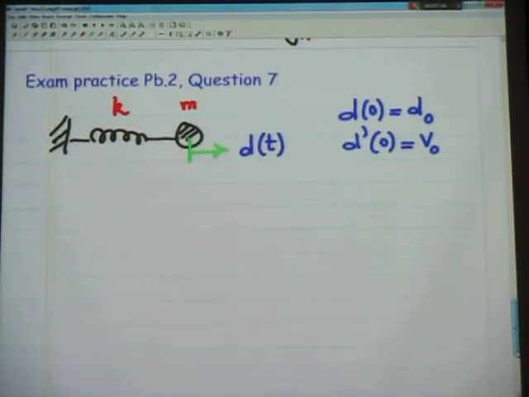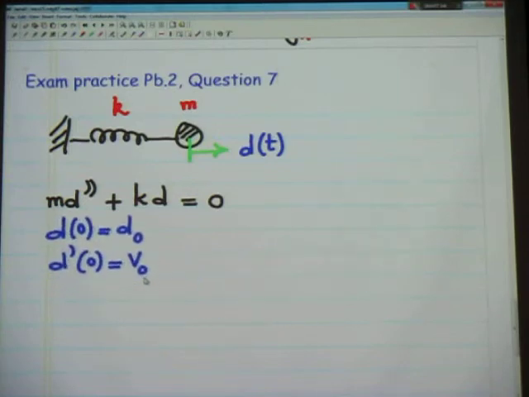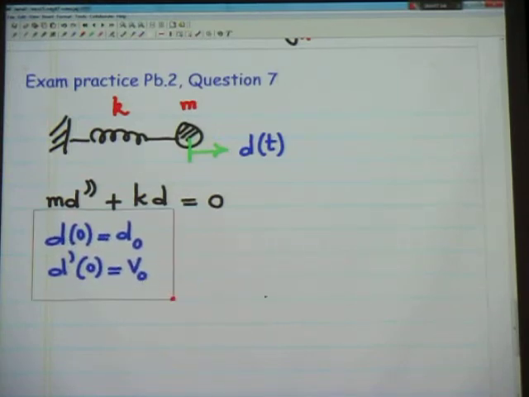What is the equation of motion? You can do a free body diagram and derive m d double prime plus k d equal to 0. This equation of motion plus these two initial conditions form the complete problem.